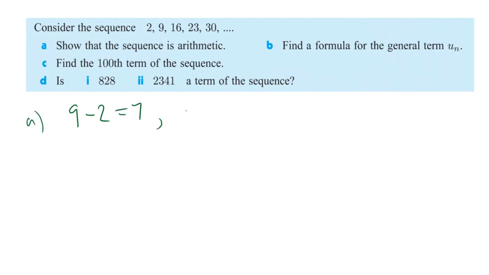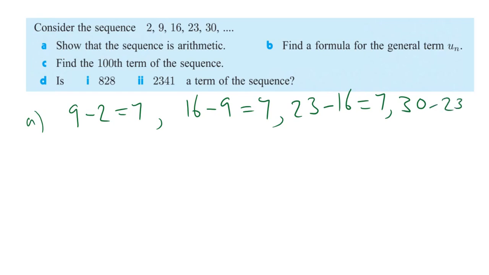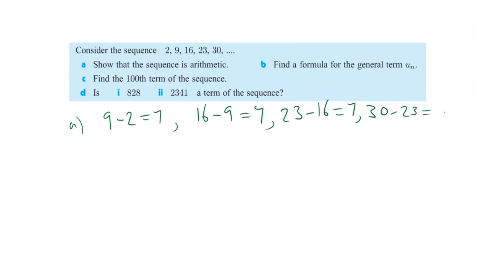The third term minus the second term, that's 7. The fourth term minus the third term, that's still 7. And the fifth term minus the fourth term, yep, that's still 7 as well. So we'll say hence arithmetic.